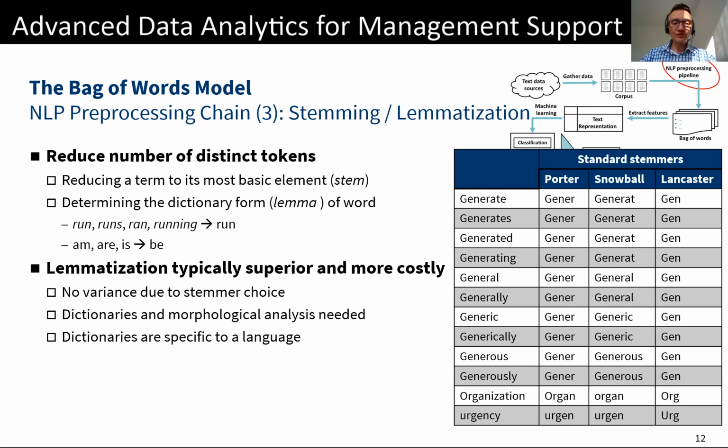And you see how these stemmers vary in their aggressiveness, with the Lancaster stemmer being the most aggressive one, taking a lot away from the word, reducing it aggressively. Porter is a bit less aggressive, and Snowball, well, keeps more of the word.